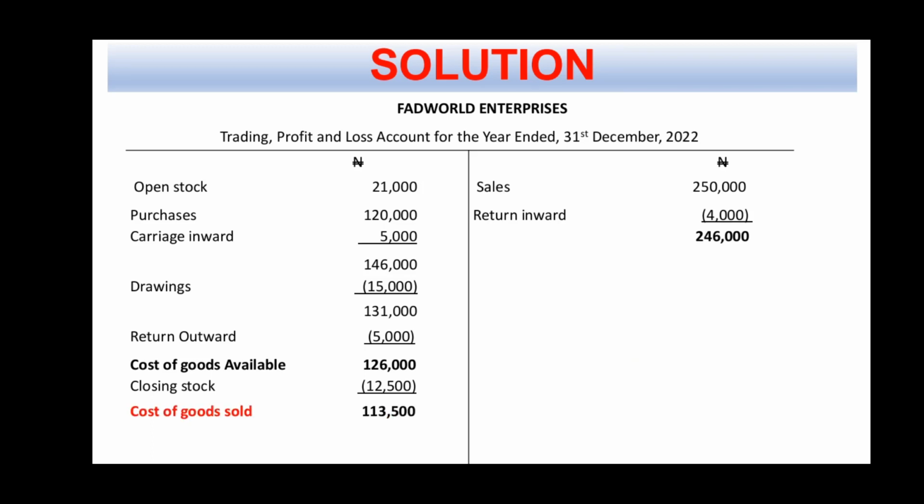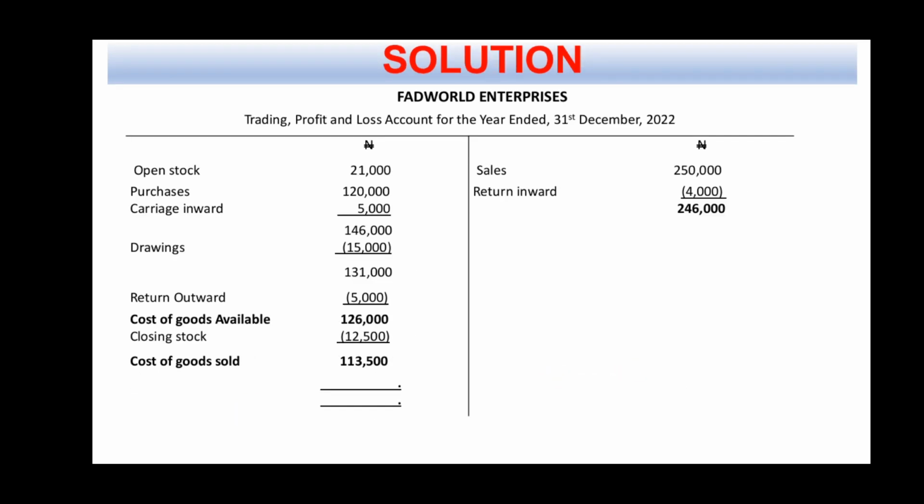And if you remember, we said, how do we determine gross profit? Gross profit means net sales minus cost of goods sold. So we have our net sales and we have our cost of goods. So let's close the two accounts. If we look at the two values, 113,500 and 246,000, our net sales is higher than the cost of goods sold.